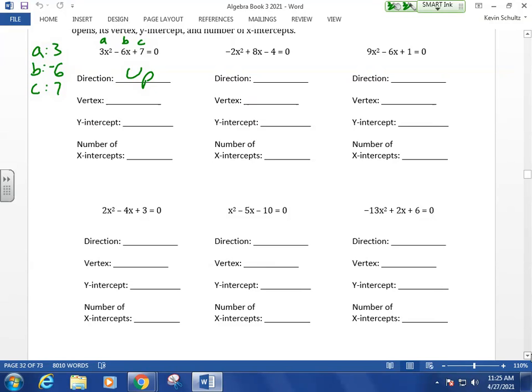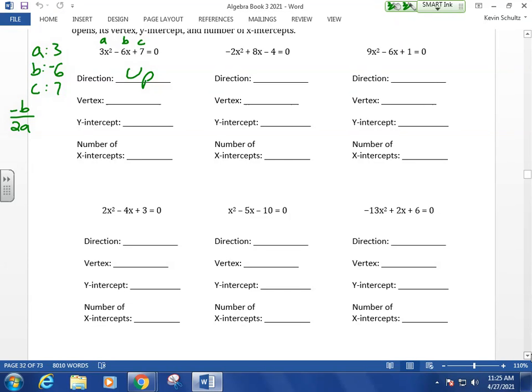What's the vertex of this parabola? Who remembers that vertex formula? Don't all raise your hands at once. I can't call on all of you. Quinn? Negative b over 2a. And what that gives us, right, is just the x value.